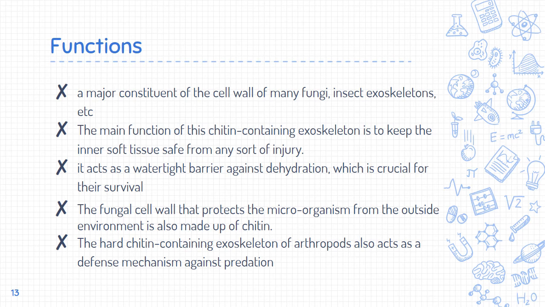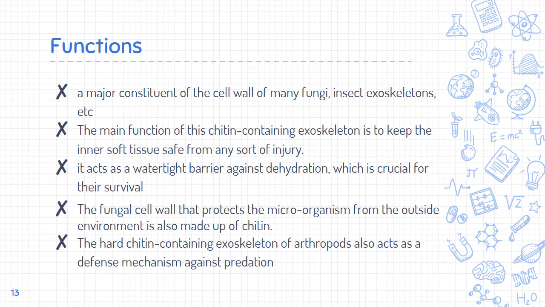Biological functions: chitin is a major component of the cell wall of many fungi and of many insect exoskeletons. The main function of the chitin-containing exoskeleton is to keep the inner soft tissue safe from any injury, and it acts as a watertight barrier against dehydration, which is very important for their survival.